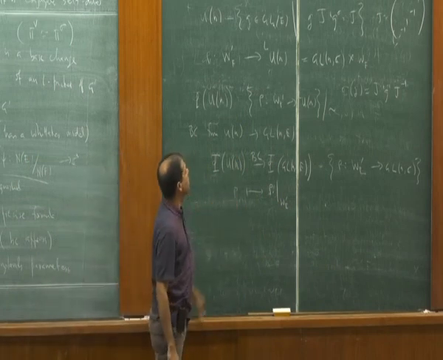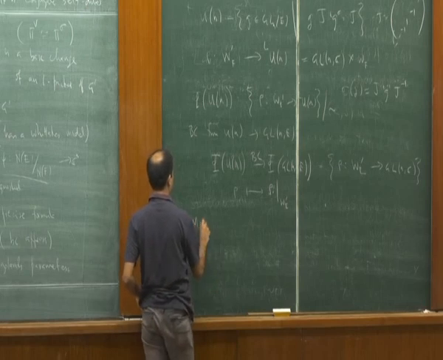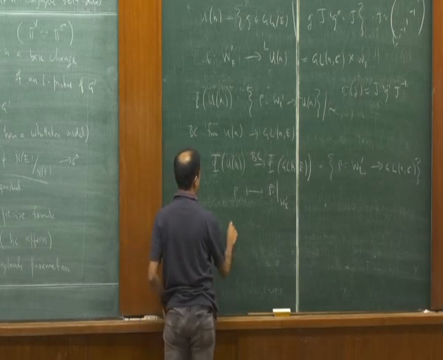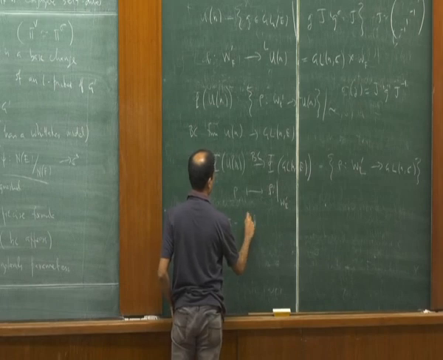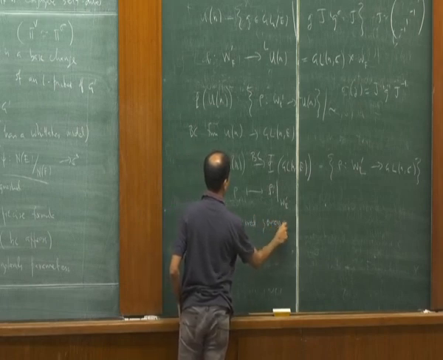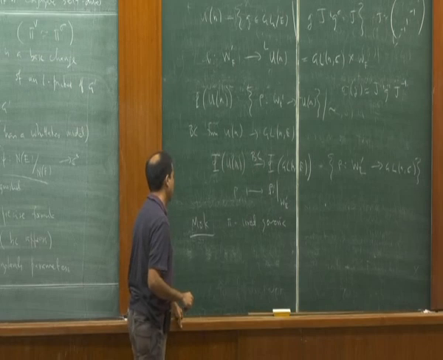And then Mok's result is, so if pi is irreducible generic, maybe you don't need generic, but let me state it for generic.